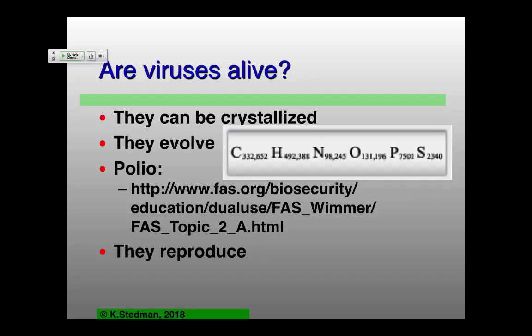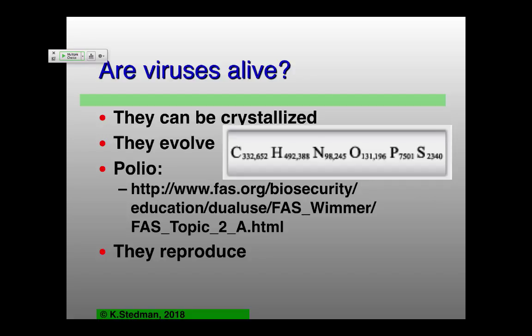So there's been many, many debates over the years on whether viruses are alive. And this is what I threw up at the end, I think, of last lecture. Are viruses alive? There's no good answer to that question. In fact, I've asked it on problem sets before in the past, and I accept both answers, yes and no, because it really depends on what? Exactly, your definition of what's alive.